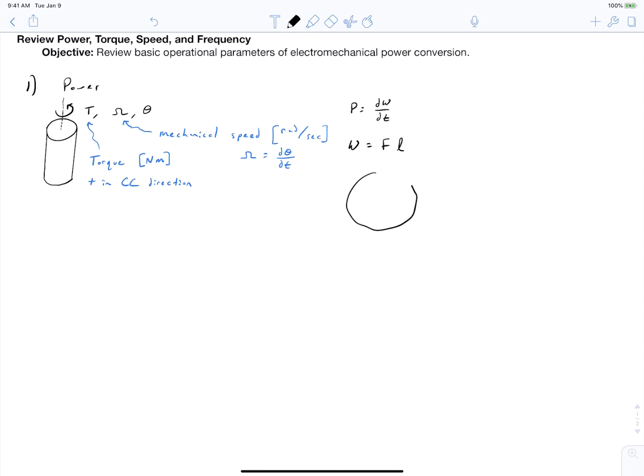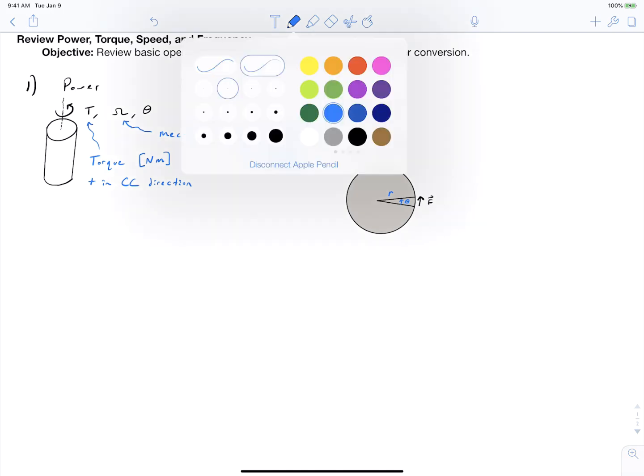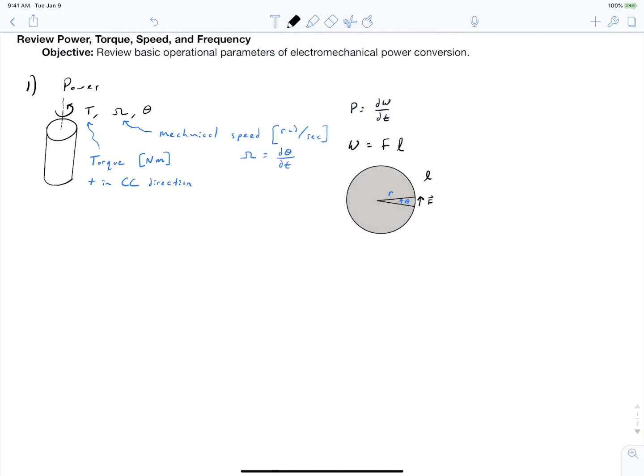In our mechanical system, we have a shaft. When we are imparting a force, it's always a force at the surface of our shaft, to rotate our shaft some angle, theta. And our shaft has a certain radius. So the length, which is this out here, is equal to r times theta.